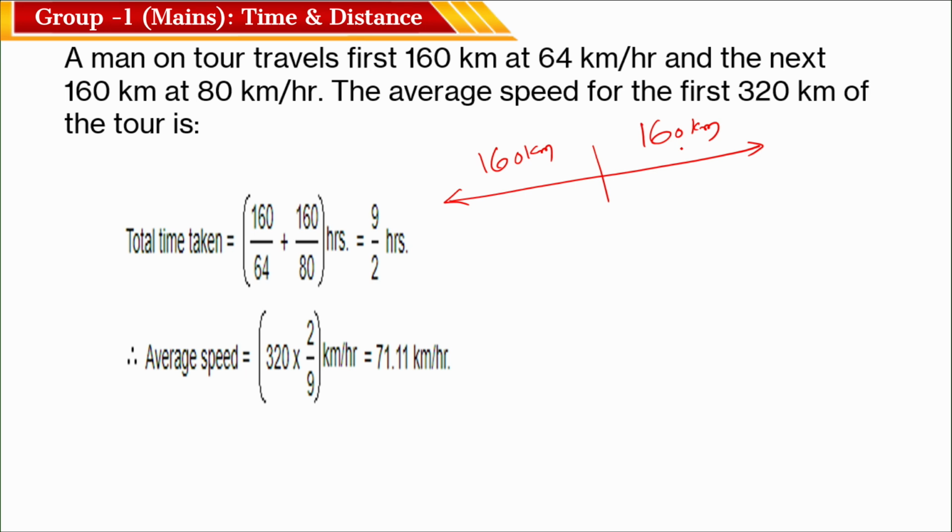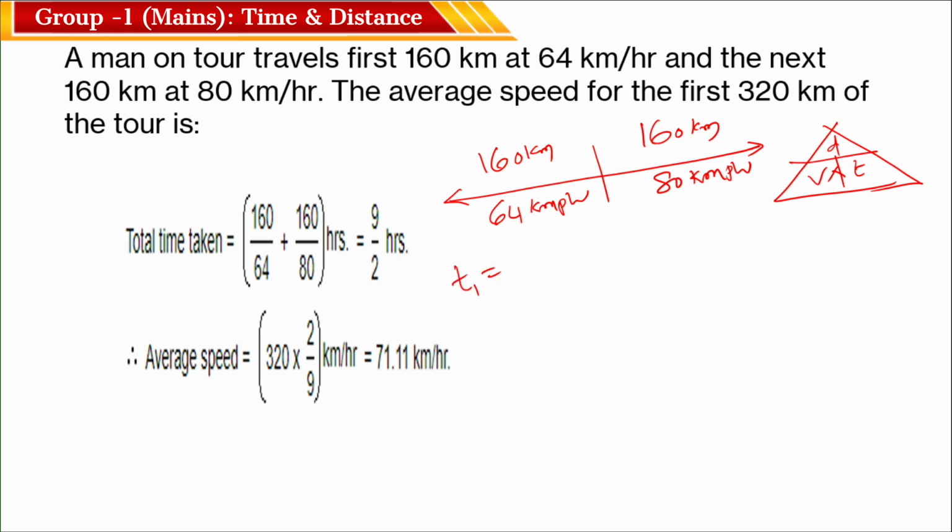The first 160 kilometers is travelled at 60 kmph and the next 160 kilometers is travelled by him at 80 kmph, correct? Okay. So now we know the distance, we know the speed. Now once again I am taking the table here: distance, velocity or speed, and time. So we know the distance, we know the speed, so we can find the time. Okay, time taken to cover this 160 kilometers.